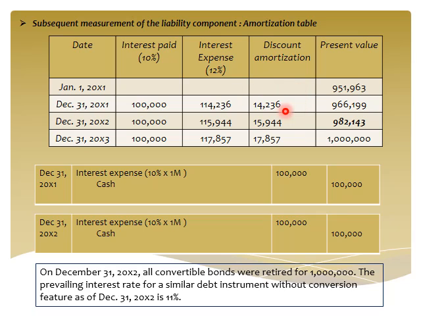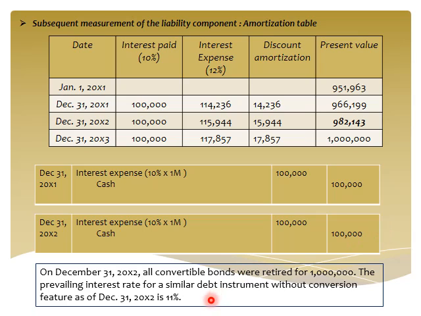So the result of this entry is an increase to the interest expense that should be recorded by the entity. So again, ito yung interest expense, cash, 100,000. Pero meron pa tayong discount amortization of 14,236. So the total interest expense on December 31 should be 114,236. And also for December 31, 2002, the interest expense should be 159,444.